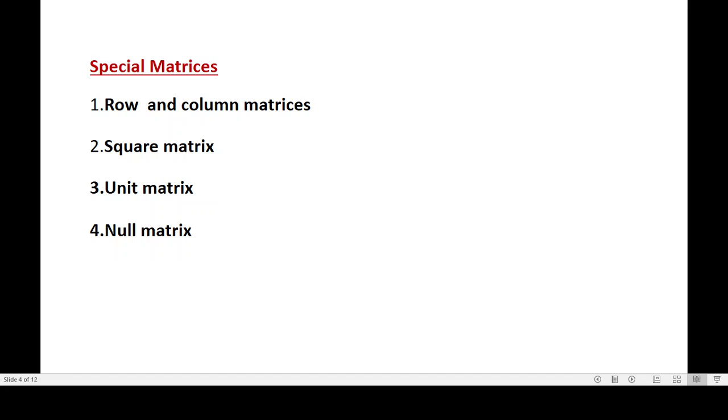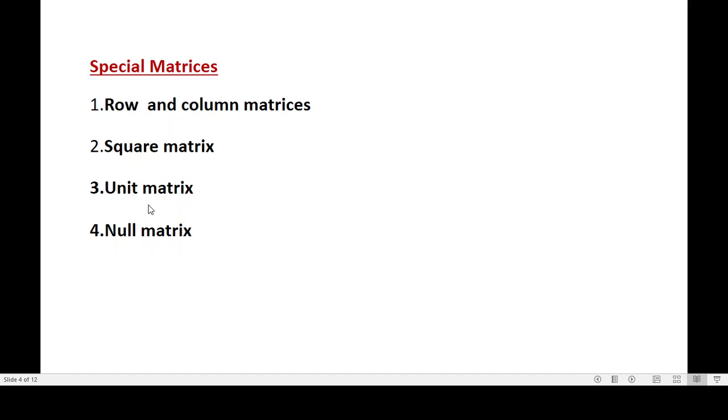What is a square matrix? A matrix having n rows and n columns is called a square matrix. A square matrix is said to be singular if its determinant is equal to 0. Otherwise, it is called non-singular.